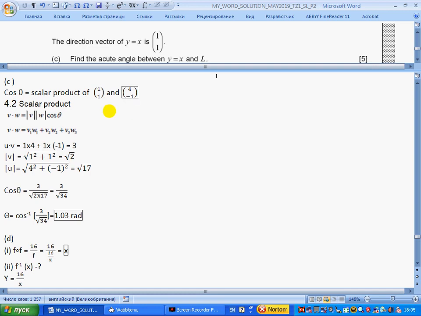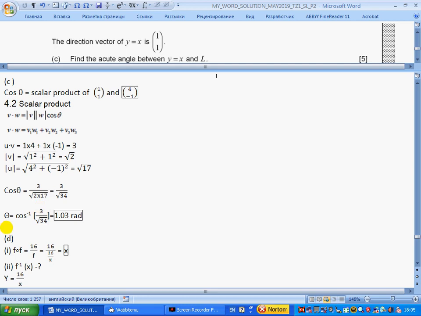First we find the scalar product. It is 1 times 4, 1 times minus 1, added, which gives us 3. Then the magnitude of each vector is given by the corresponding formula, root 2 and root 17, and cosine will be the scalar product divided by the magnitudes.